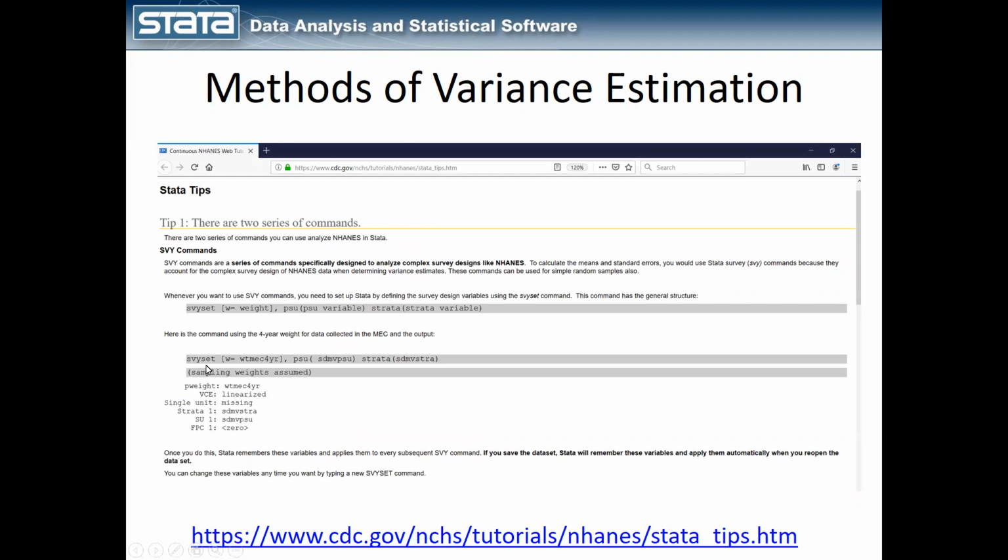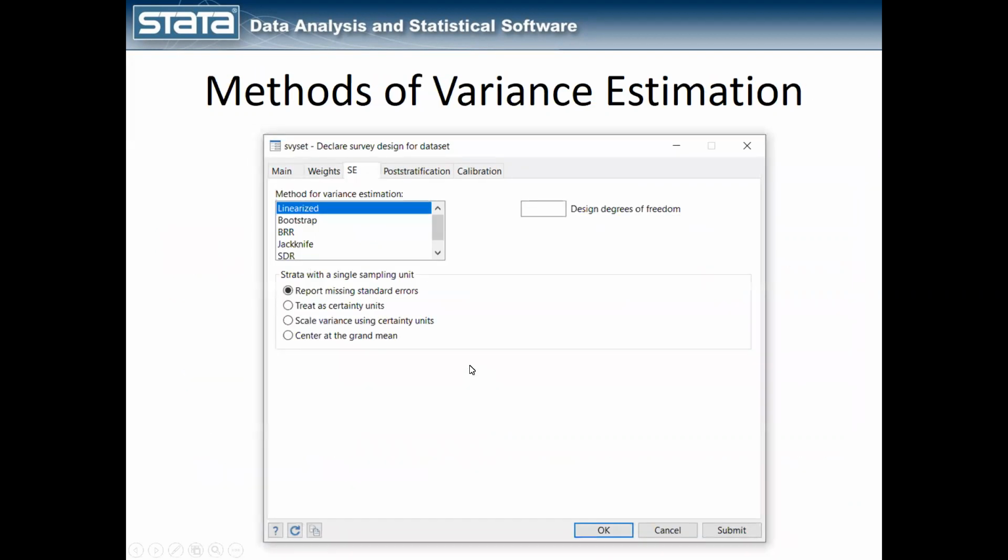They also tell you the svyset command to use with the data set. So you don't even have to understand all of this stuff necessarily to use the data set. Just go read the documentation, and it will tell you right there, use this svyset command, and then you're ready to roll.